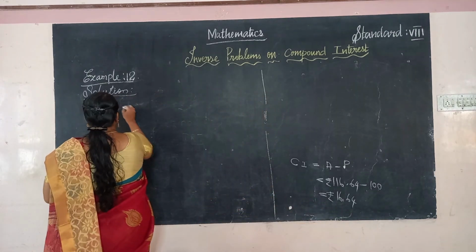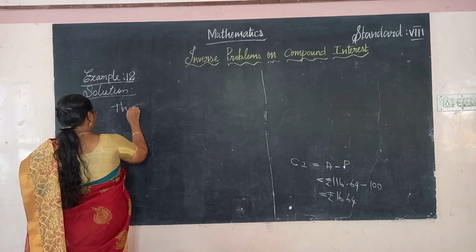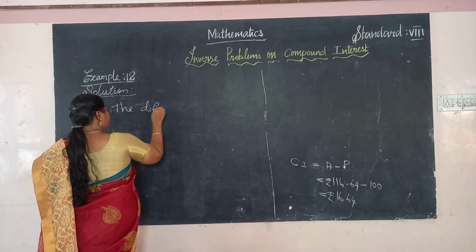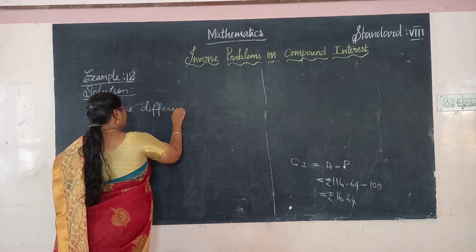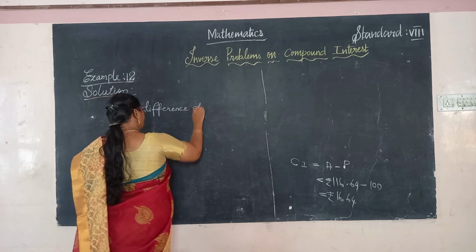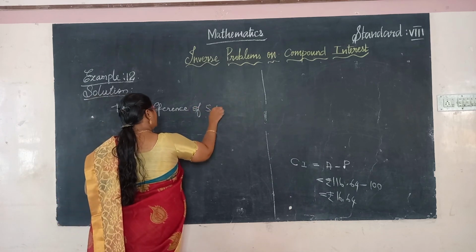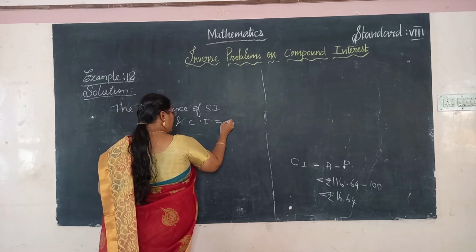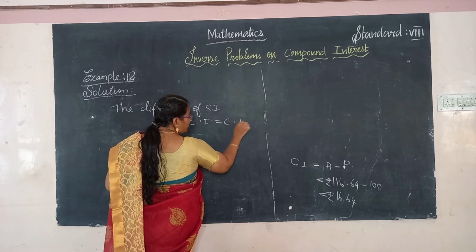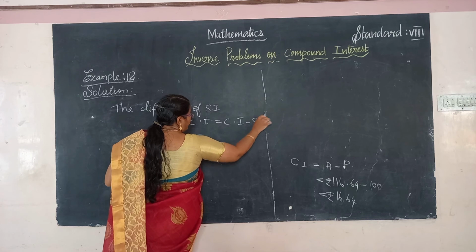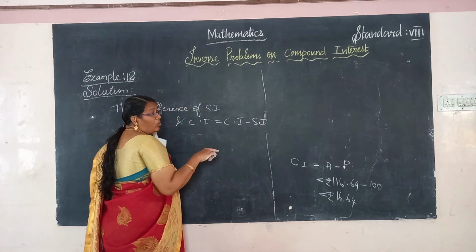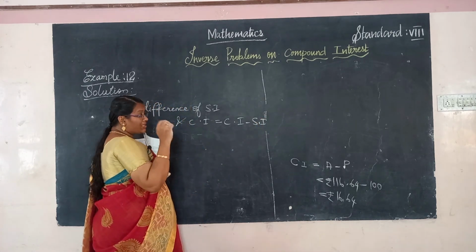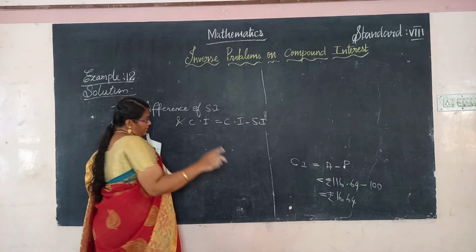Now we have calculated. The difference of simple interest and compound interest is equal to compound interest minus simple interest. Why do we write compound interest first? Compound interest is greater than the simple interest.